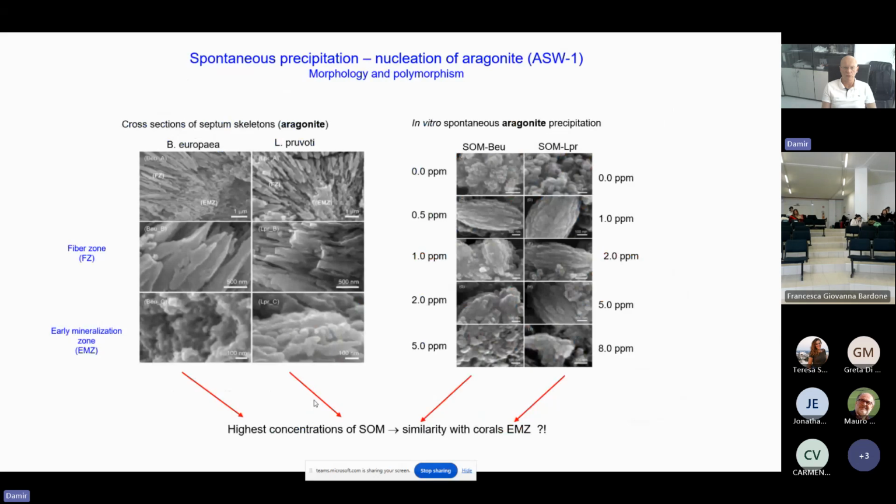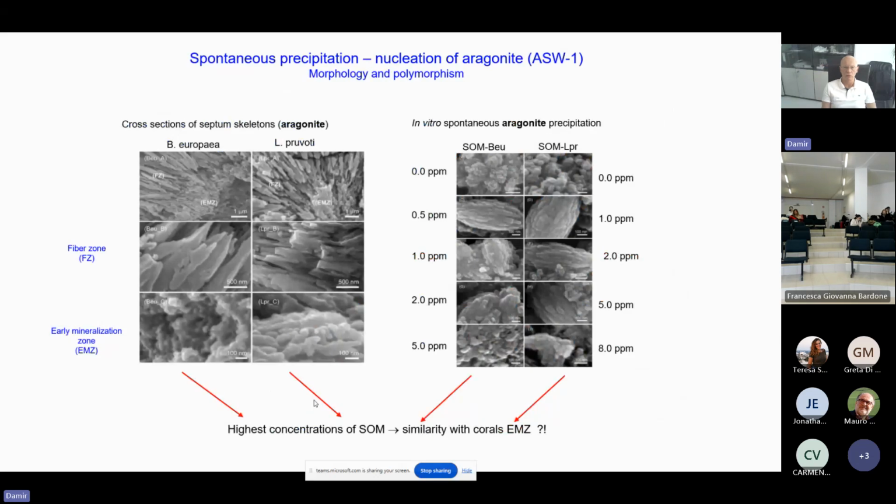The concentration of our organic material was varied in a range of 0.5 ppm to 8 ppm, or 1 to 8 ppm. You can notice that these concentrations are very low in comparison to what we apply in the system with amino acids. The temperature which we applied here was 21 degrees, and we analyzed our samples after 30 minutes.